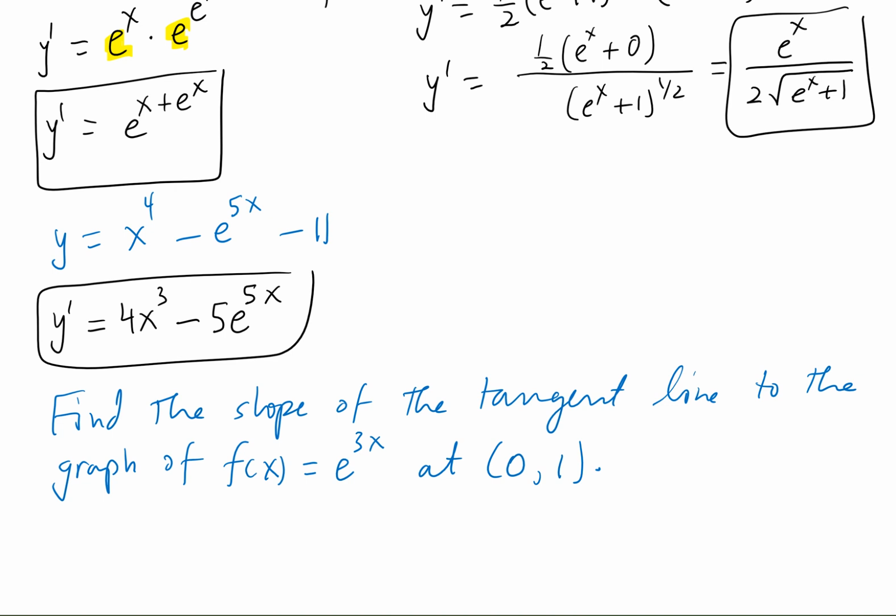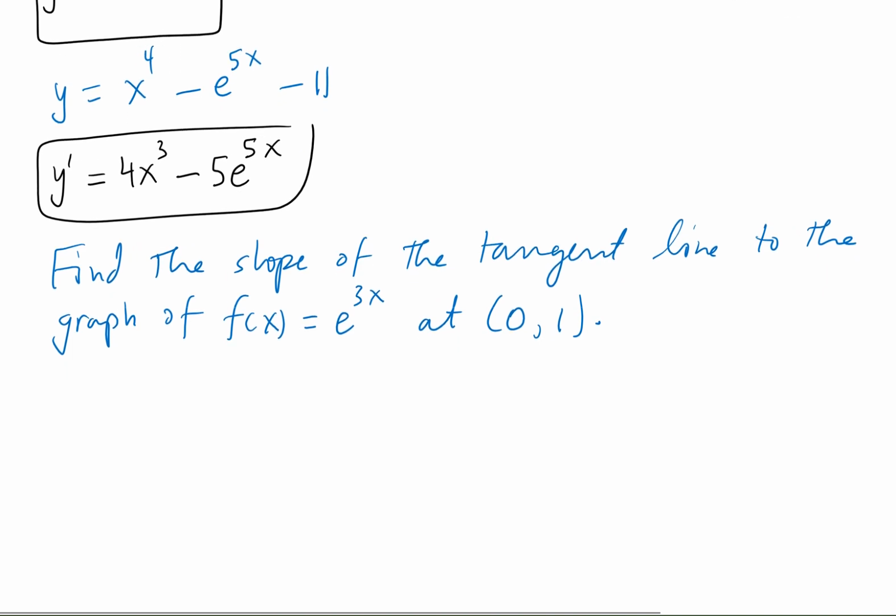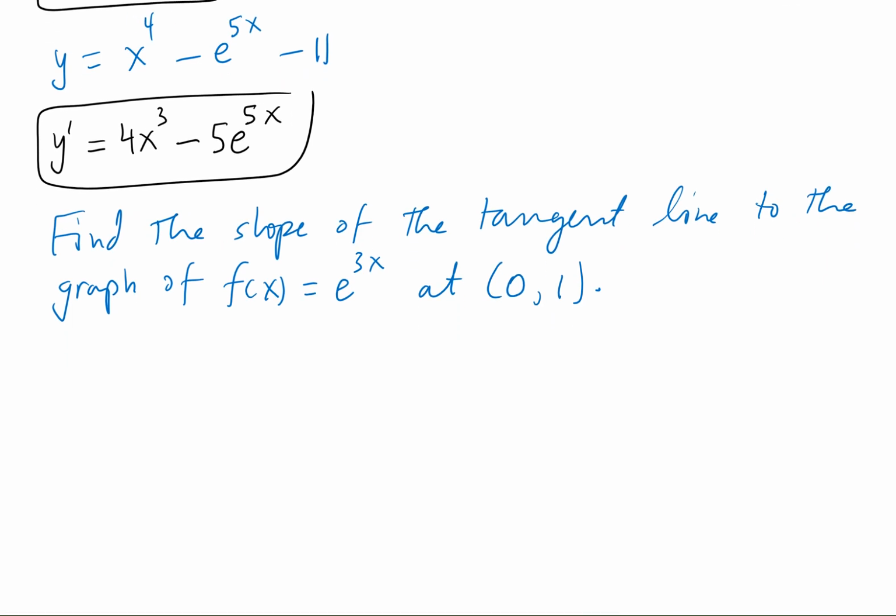Next one, find the slope of the tangent line to the graph of this function at the point (0, 1). How do we find the slope? Well, the slope is defined as the derivative of the function at that x value.